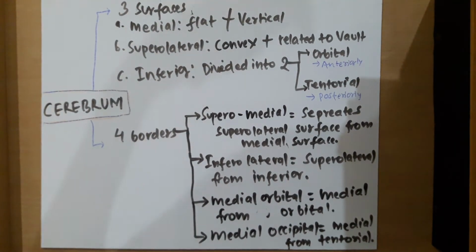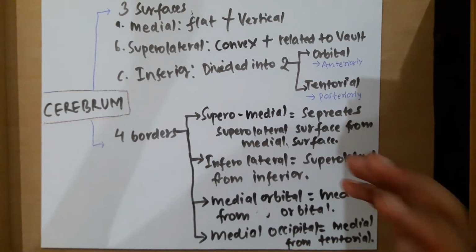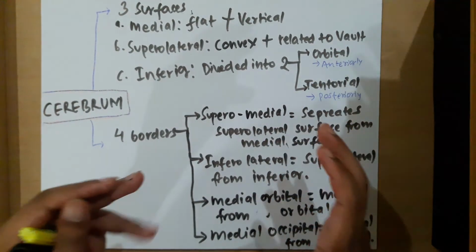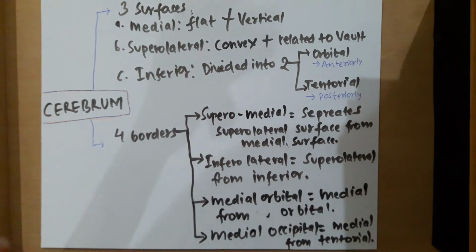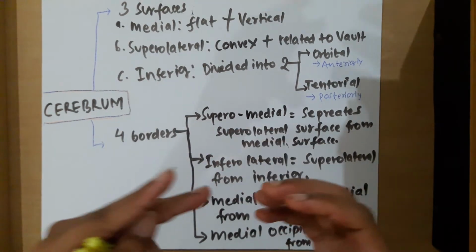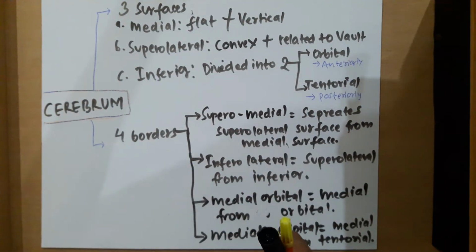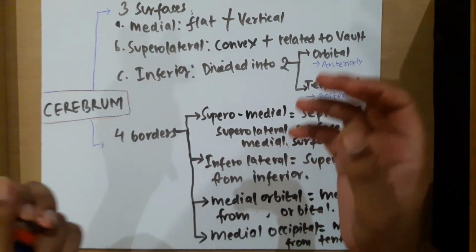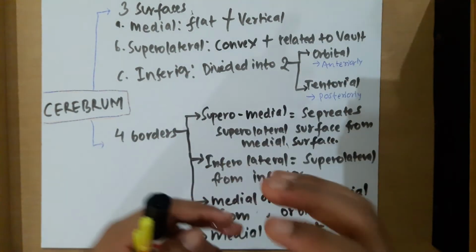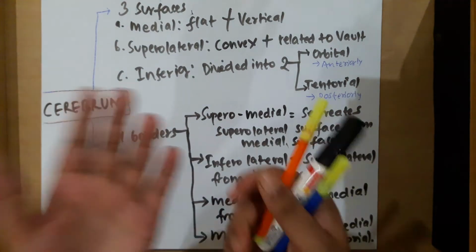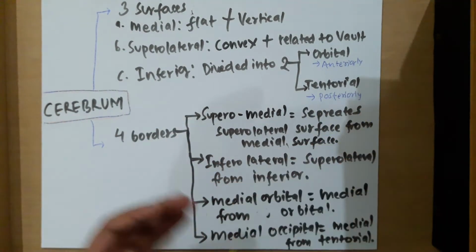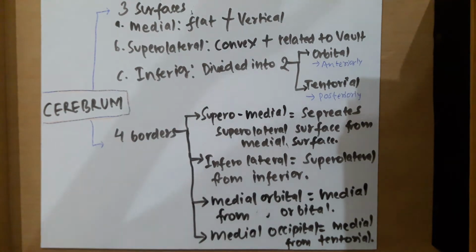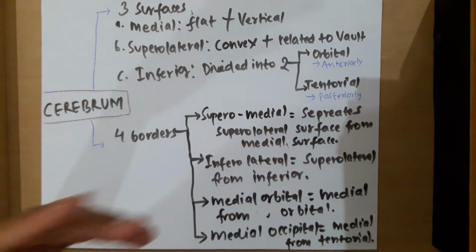We should have a clear concept about the surfaces and the borders, so that we will not get confused when I say that this sulcus or gyrus is present on this surface, for example the medial surface. So this is a general introductory class. After this we will continue to the sulci and the gyri.